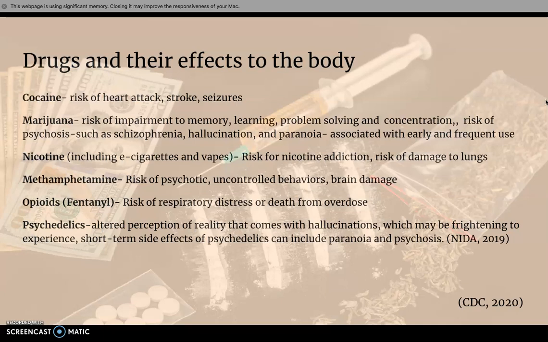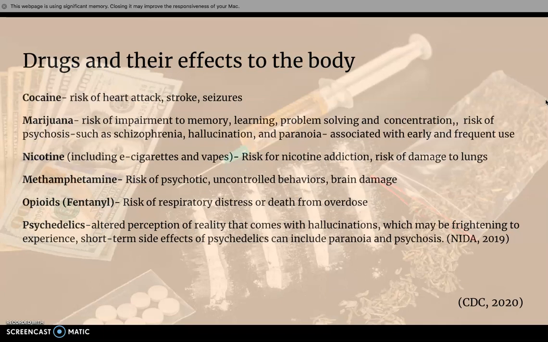I could make a whole other presentation about the effects of nicotine and how commonly it is being used nowadays, especially in the teenage population. I am now in my 20s and know several people who began using nicotine, these e-cigarettes that at the time they thought were harmless, and began using it all the time, and now they're addicted to nicotine.